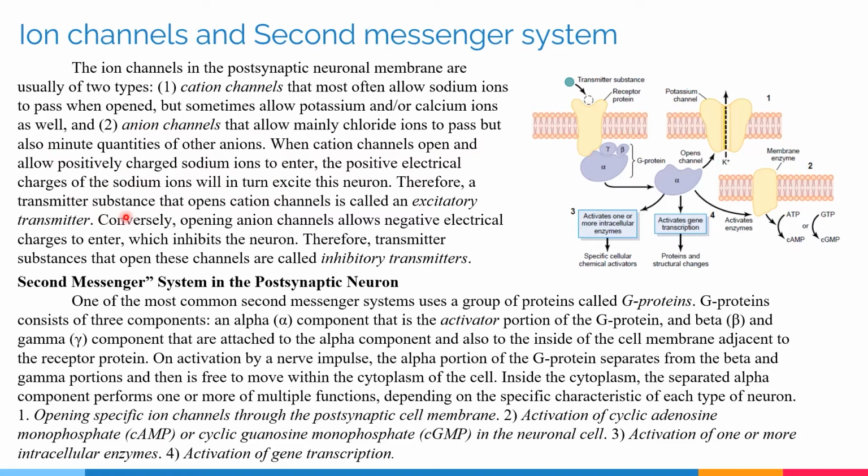Therefore, a transmitter substance that opens cation channels is called an excitatory transmitter. Conversely, opening anion channels allows negative electrical charges to enter, which inhibits the neuron. Therefore, transmitter substances that open these channels are called inhibitory transmitters.